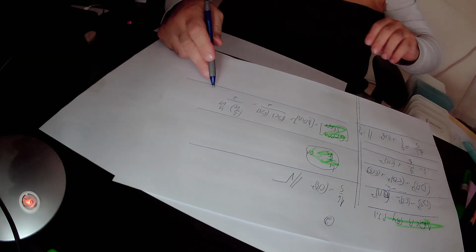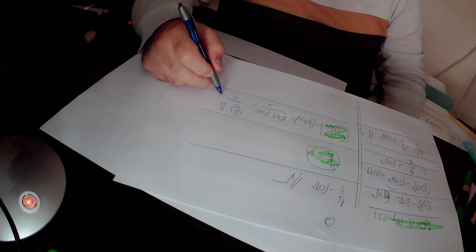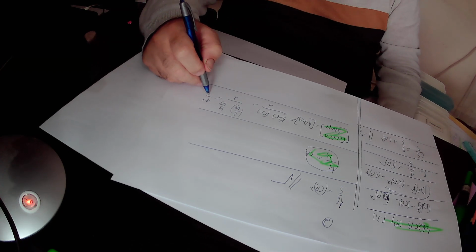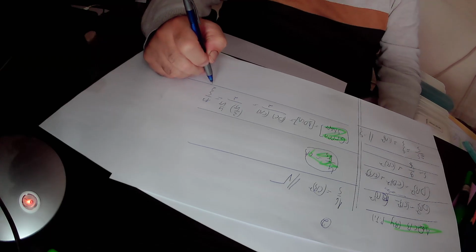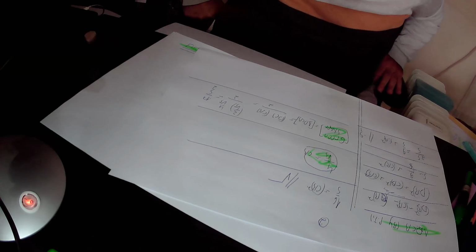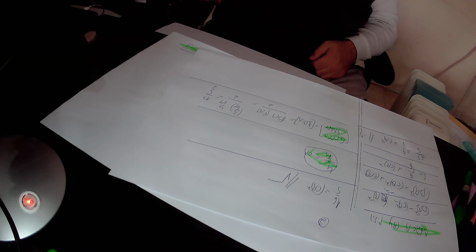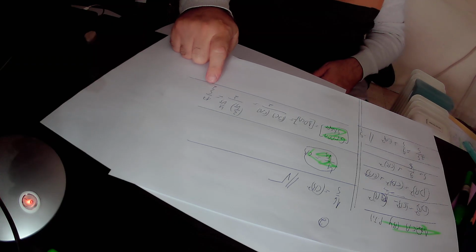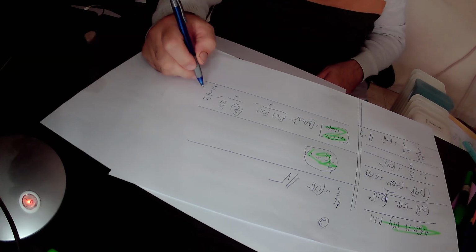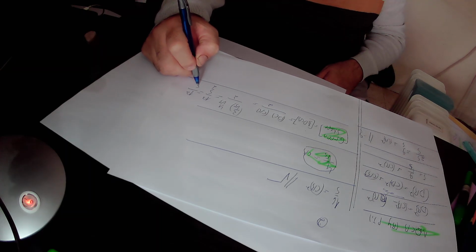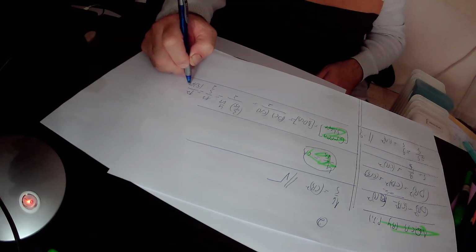Here, 3 times 4 is 12 over square root of 5 times square root of 5, which is 5, over 2. So here we have 12 over 5 over 2. We move 2 to the denominator, and we get that this expression in total equals 12 over 5 times 2, that is 10.